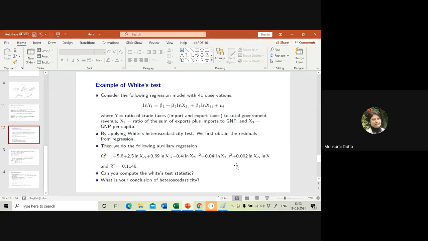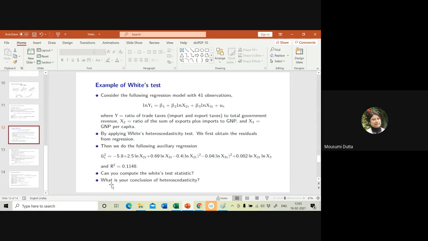So this is done up to derivation of R square. There are two questions. Can you compute the White's test statistic here? What will be your conclusion about heteroscedasticity? So complete up to this. For this R square, find the value of NR square.